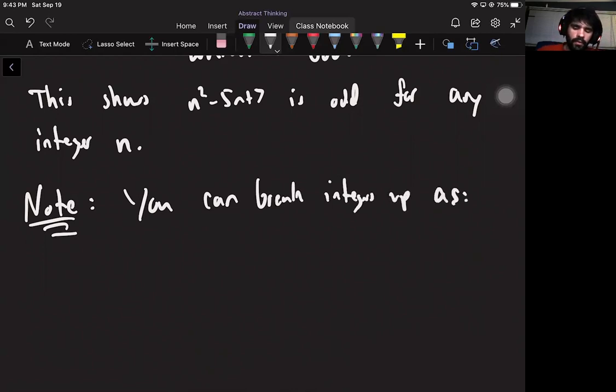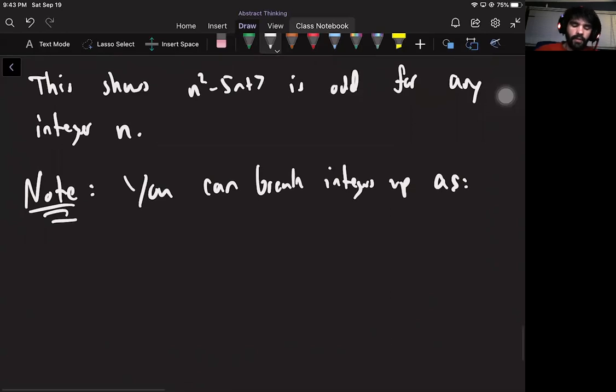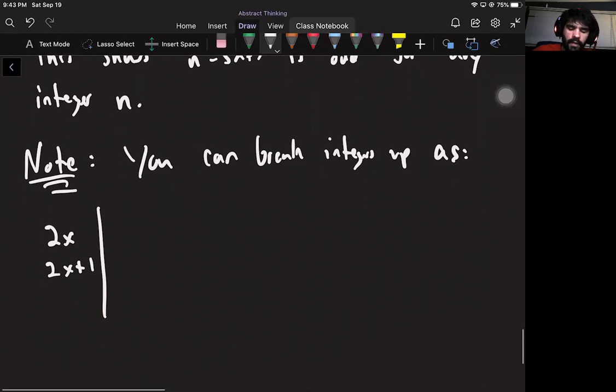So here's the first way we just have seen how to break up integers. You could think of them as even and odd. But what you should really think about is divisible by 2 and not divisible by 2, because then you can extend this. Numbers can be divisible by 3, or they can have a remainder of 1, or have a remainder of 2.